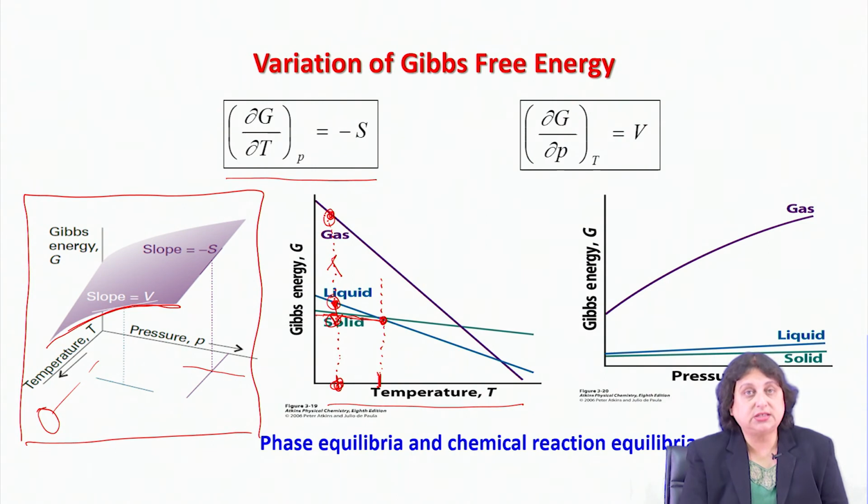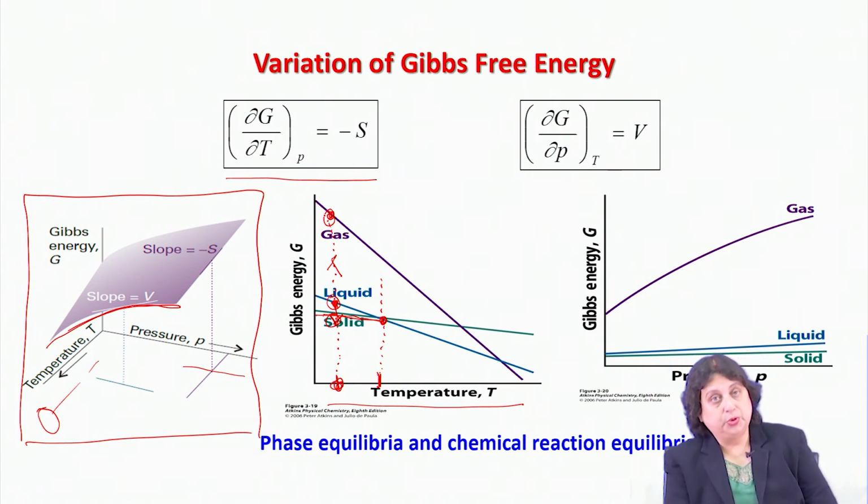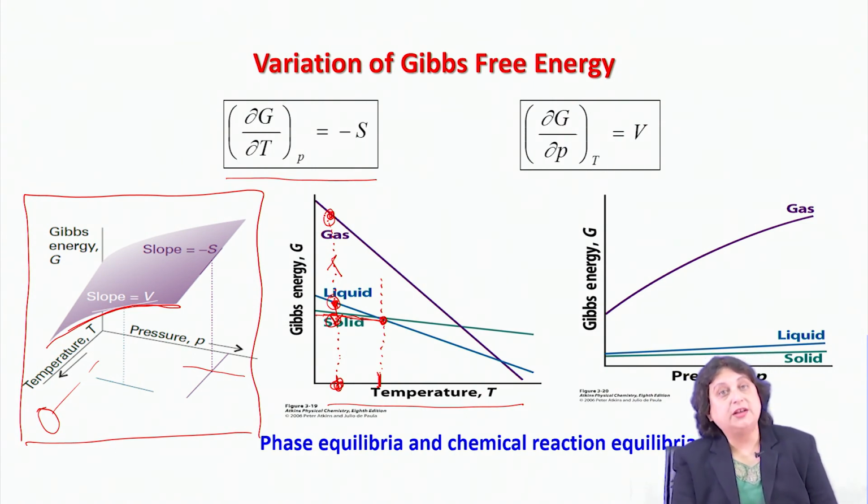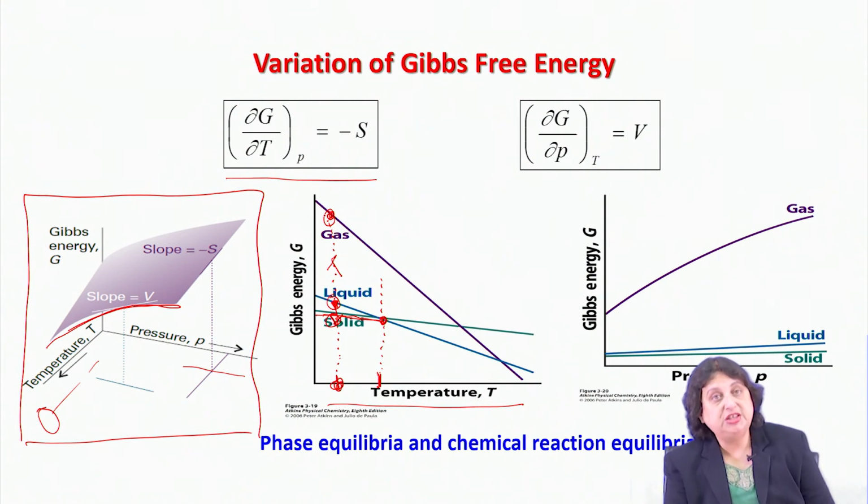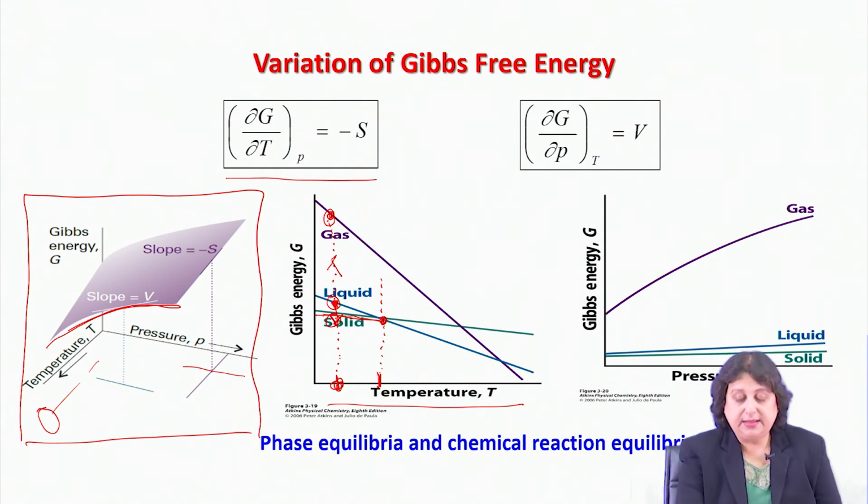Because in each case, the system will undergo a spontaneous change in state to attain the phase of lowest Gibbs free energy. And therefore, the one with the lowest Gibbs free energy is the most stable phase in this substance.